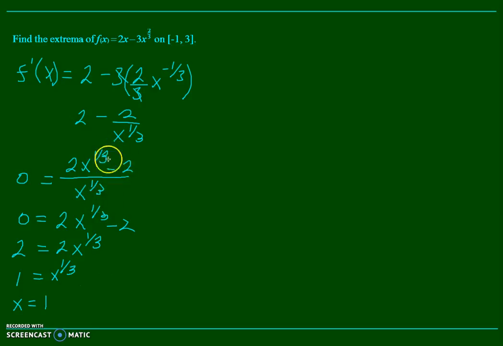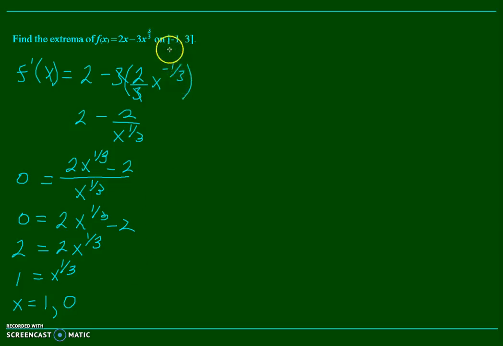Now, this was important to do because we also see that at x equals 0, this first derivative function is undefined. So we have a second critical number at 0. Remember, critical numbers exist where the first derivative is either 0 or undefined. So x is 1 and 0. So now we have our values.